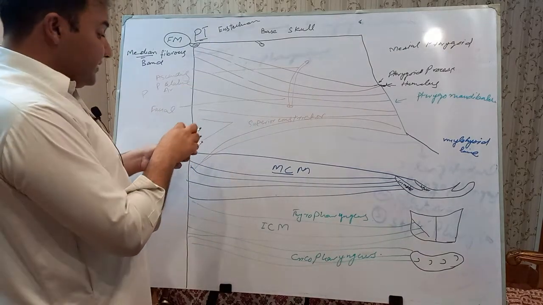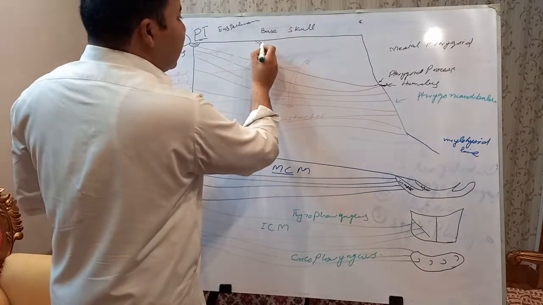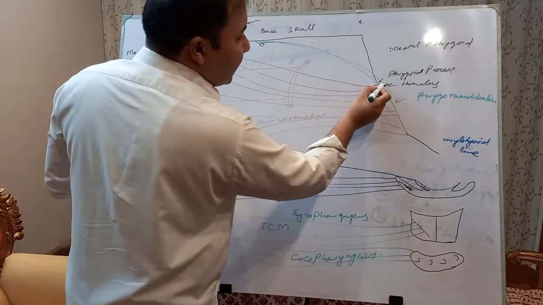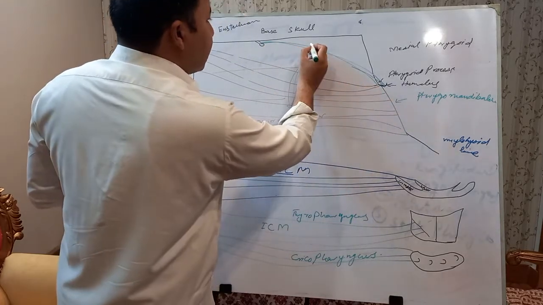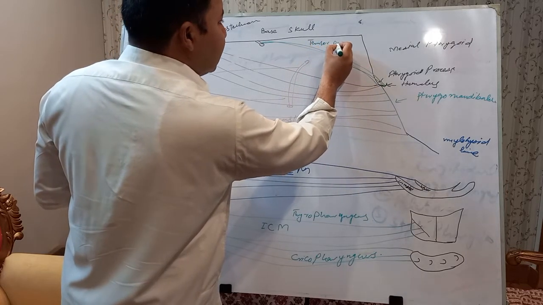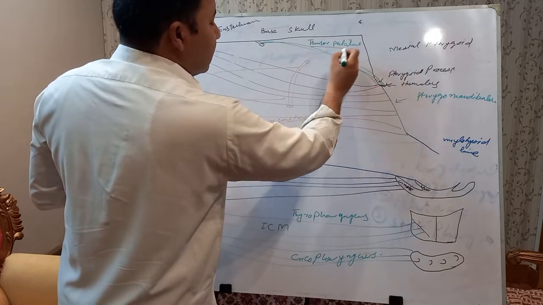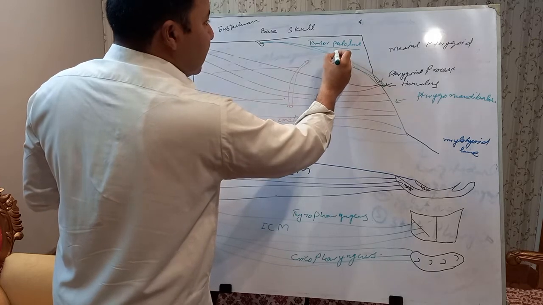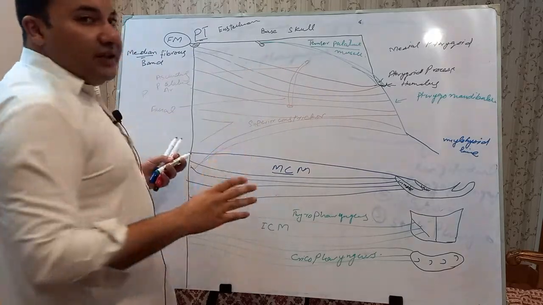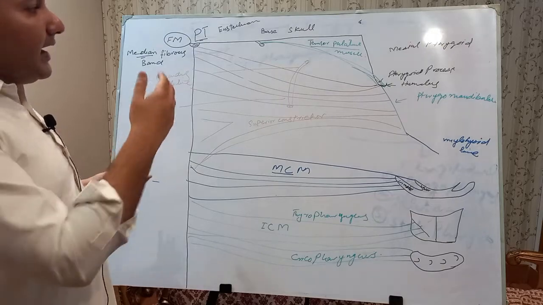Then in the same space, we have a muscle. There are basically two muscles. One is called the tensor palatine muscle. In this space we have three important structures: the artery, the Eustachian tube, and the muscle.